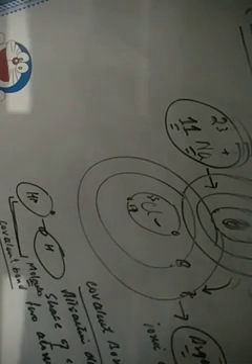Hydrogen molecule has the covalent bond, and sodium chloride has the ionic bond. Sodium atoms become cations, which are positive ions, by losing one electron in the outermost shell, and chlorine is a poisonous gas.